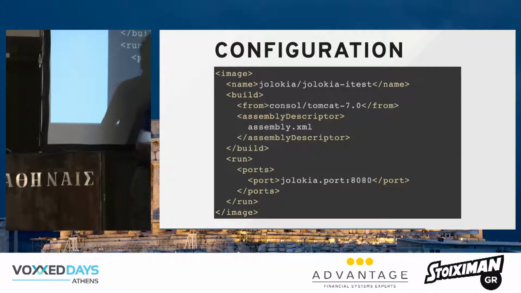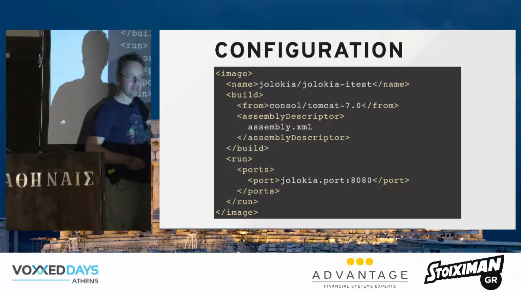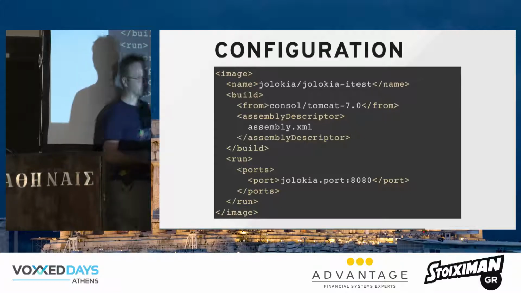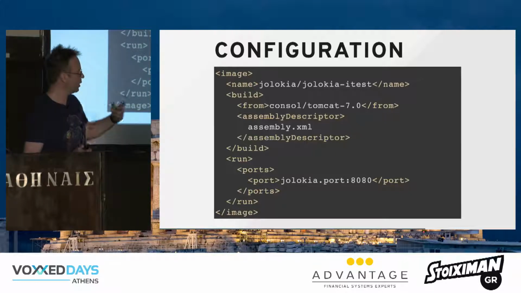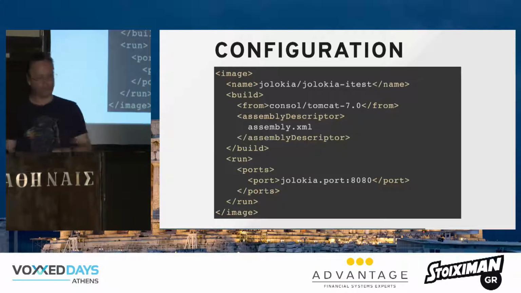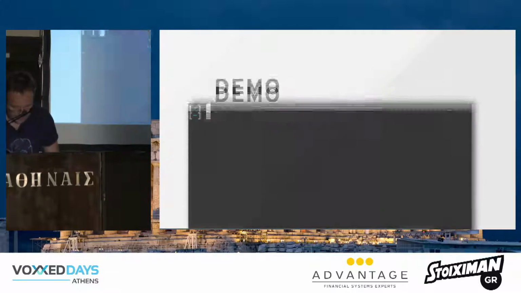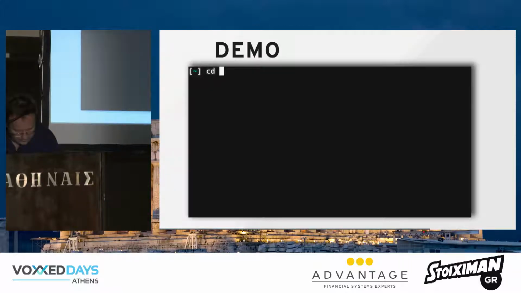The nice thing here is you can easily map ports randomly to a random number, and then put this random number into some sort of Maven property. This Maven property, which is then set, you can reuse in an integration test. So the whole idea is to start Docker containers from within Maven, let's see whether it works for the last demo.